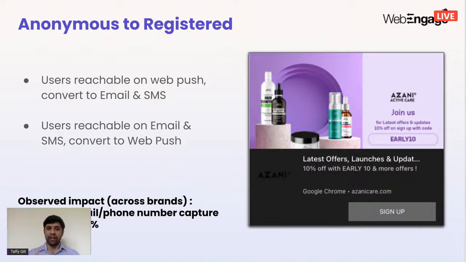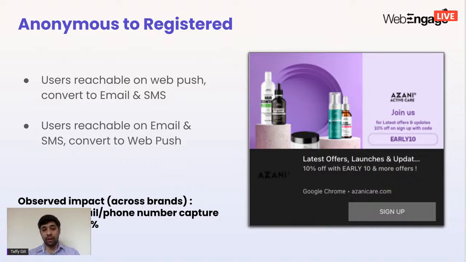There has to be a wait for, let's say, 1 day, and then you quickly check, did that user also end up sharing his or her email ID or phone number? If yes, the user is not nudged. But in the other case, you can send across web push notifications wherein you could induce the user to come back onto the website and to share their email ID and phone number.